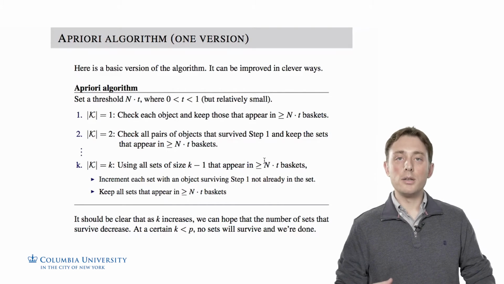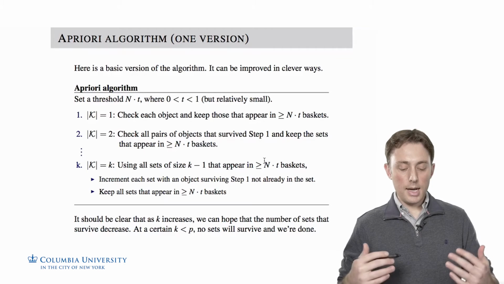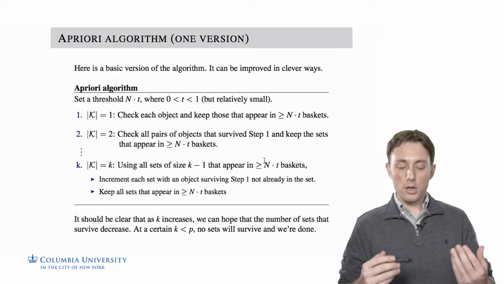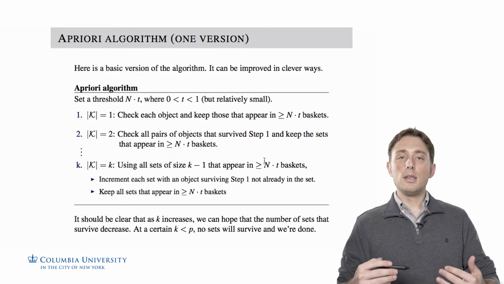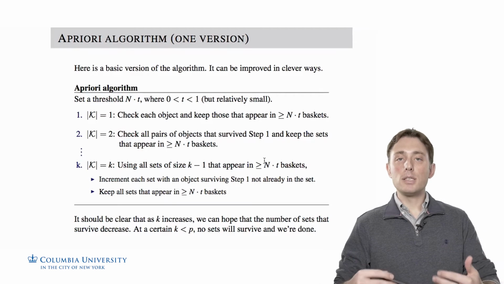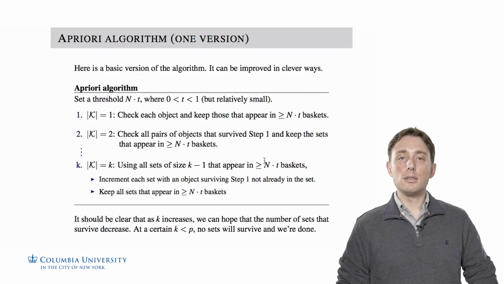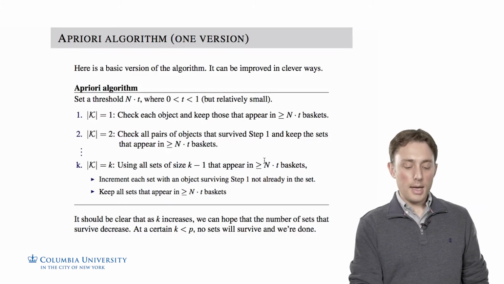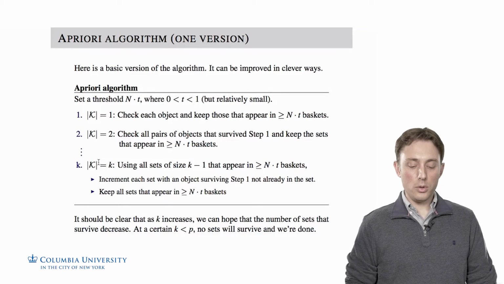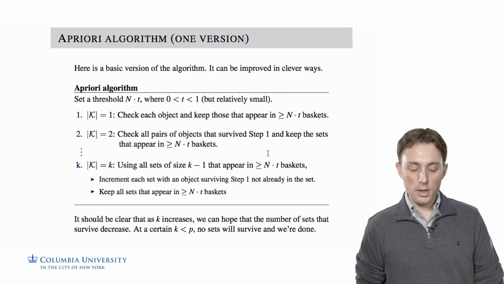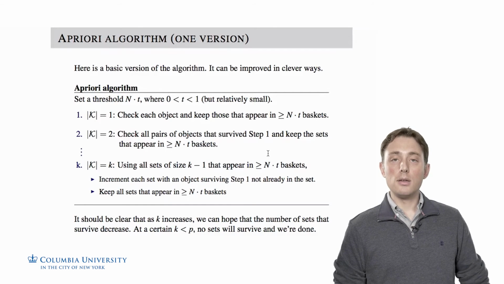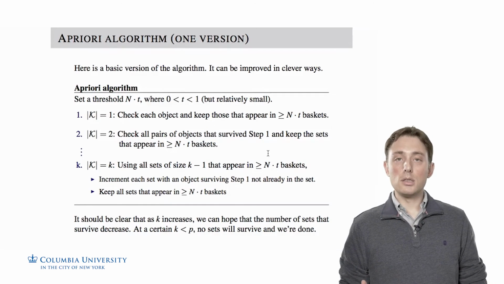And so it should be clear, intuitively speaking, that as k increases, we can hope that the number of sets that pass on to the next size k plus 1 is going to be decreasing. As k is increasing, we're having fewer and fewer sets that satisfy this threshold, and at a certain value of k, no sets are going to survive.